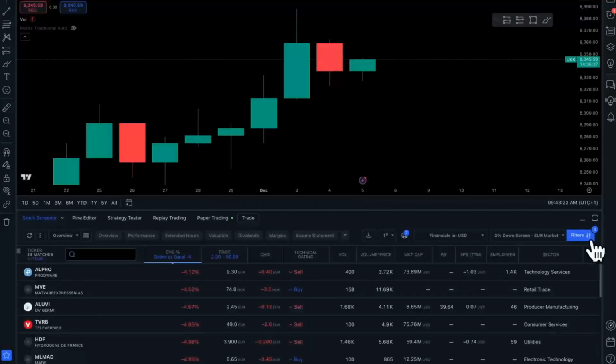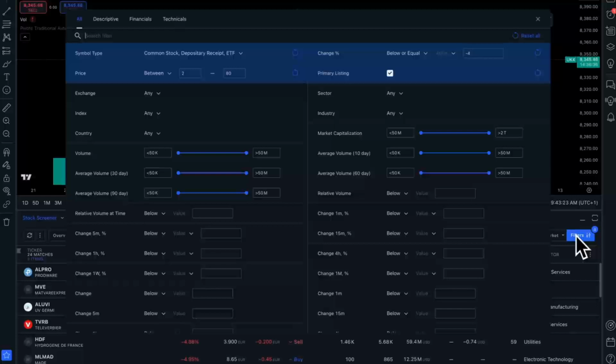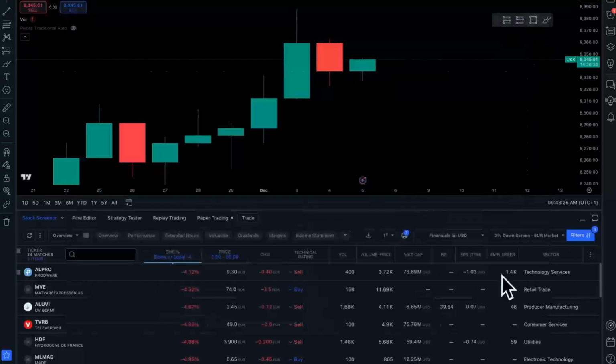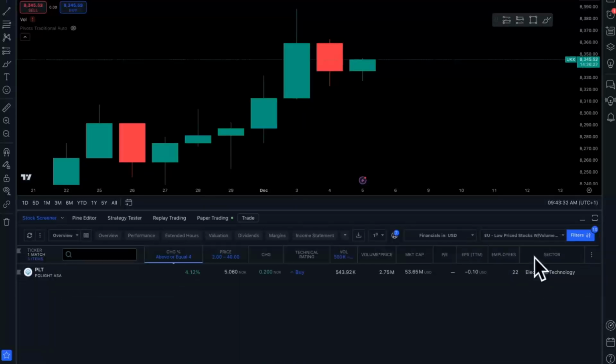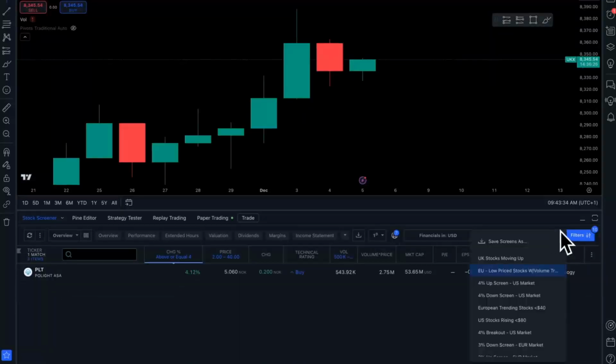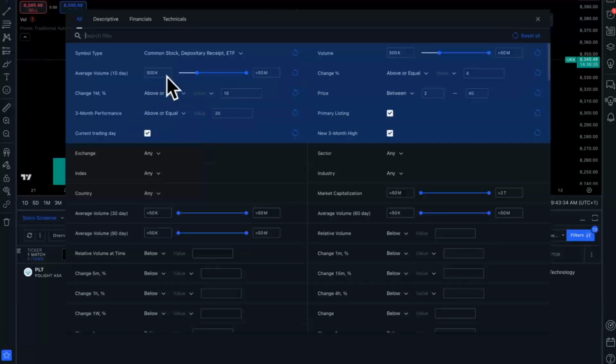What that tells us is that the market is generally in a good position. So what we'll do now is have a look at the filters we've got set up here. We've got EU stocks. Average day volume for the last 10 days, we want to set to 50K. Volume doesn't need to be that much there.